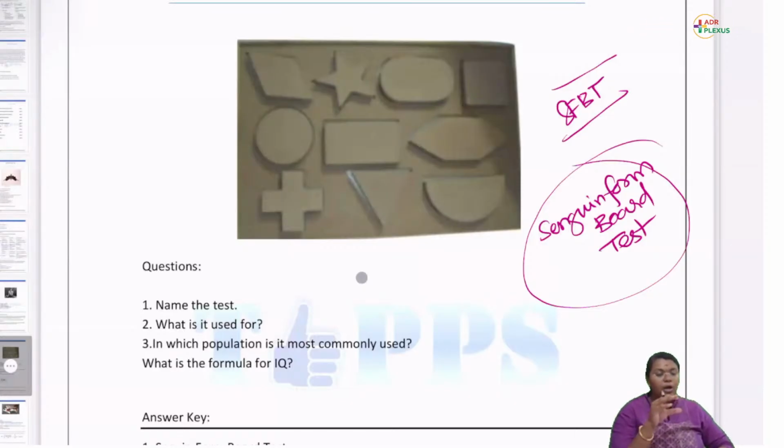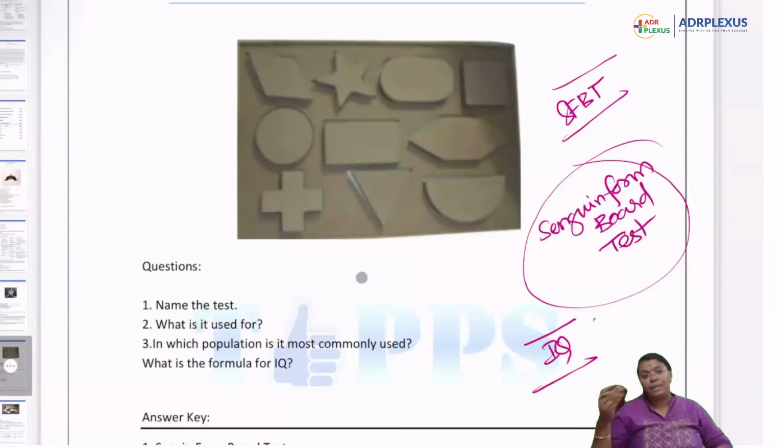These blocks are kept outside, and the child is asked to put them in correctly, depending upon how many minutes the child takes. Usually 3 trials will be given. After the second and third trial, the child should complete it faster, and the average will be taken, and there is a list where this corresponds to a particular mental age. So this is used for assessing IQ in pre-verbal children.